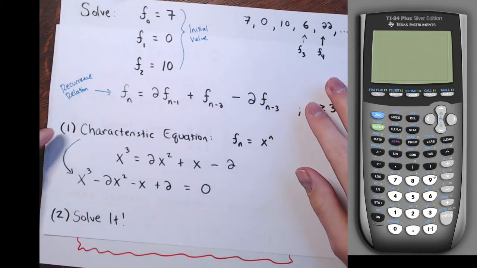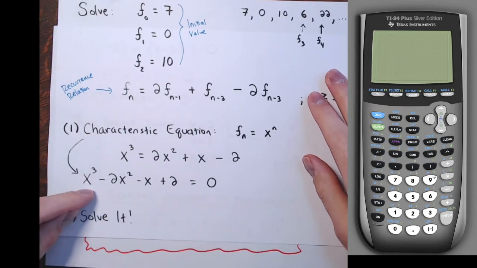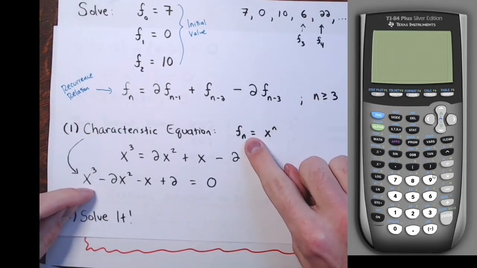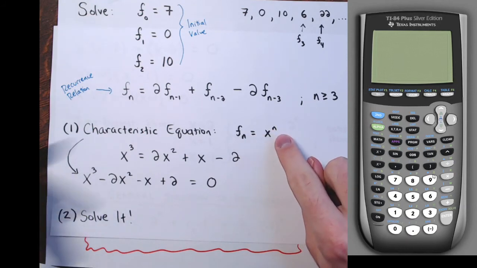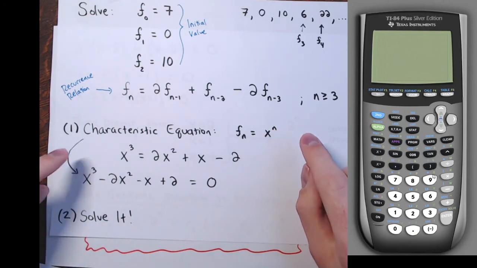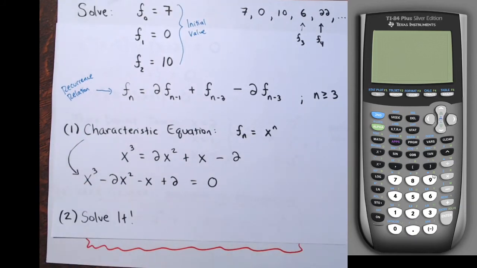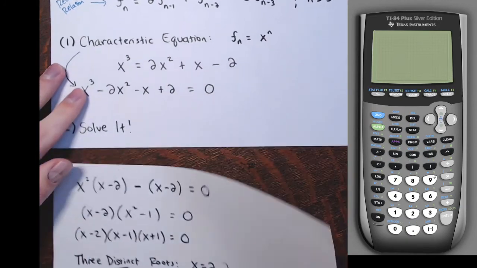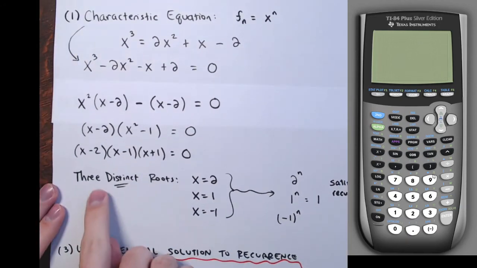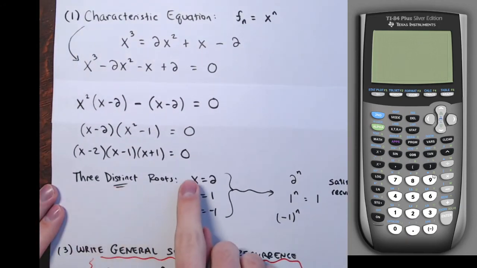So again, first, get that characteristic equation. Plug in x to the n for fn, x to the n minus 1 for fn minus 1, and x to the n minus 2 for fn minus 2. Solve the characteristic equation. This was a scenario where all our solutions were different.